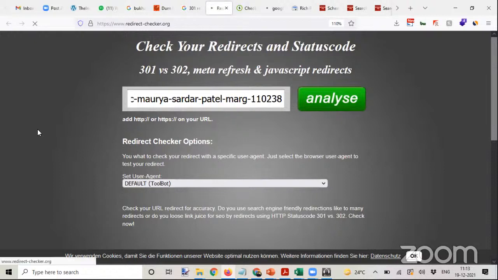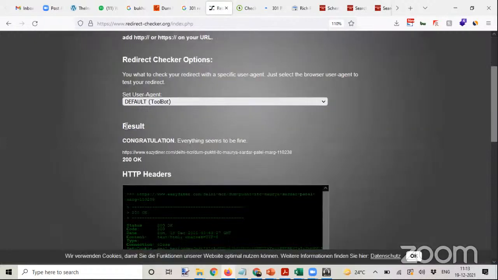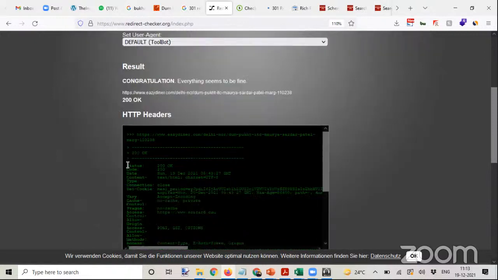Now this tool is checking for redirects. Here it is saying, congratulations, everything seems to be fine. 200 okay. So the HTTP header is saying 200 okay. 200 is the code which means the page is okay and it is rendering perfectly.